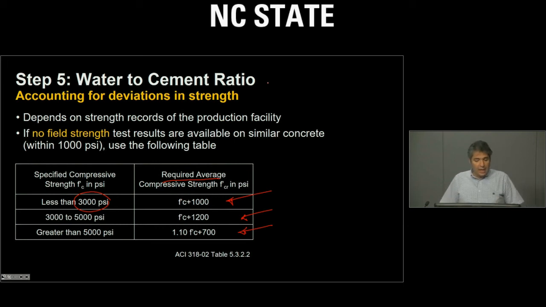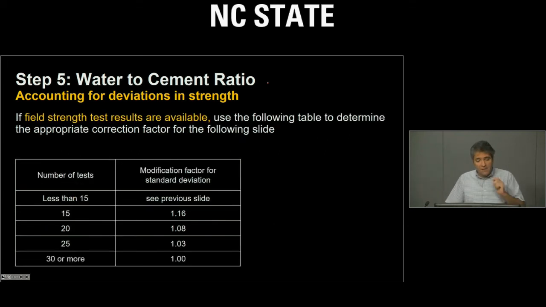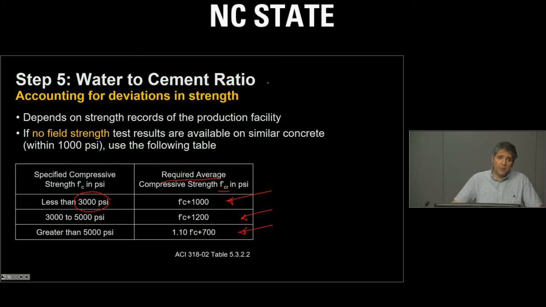Now, however, if field strength test results are available, we will use a little bit different approach. First of all, we will ask how many test data are available. If fewer than 15 test data are available, we will ignore all the field strength test results, and we will go back to this table and assume that there is no field strength data available.